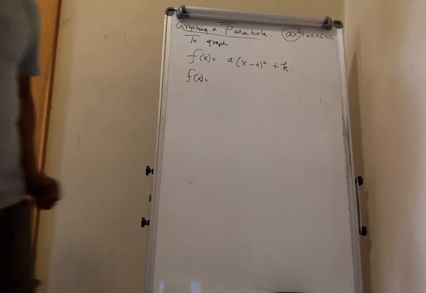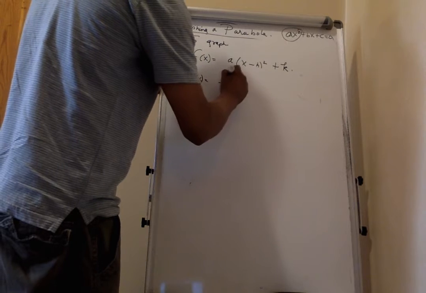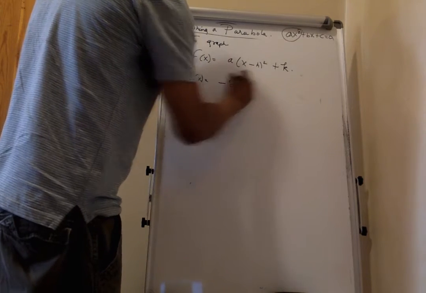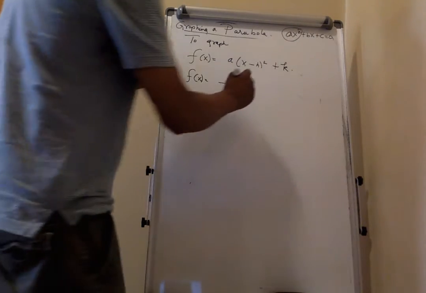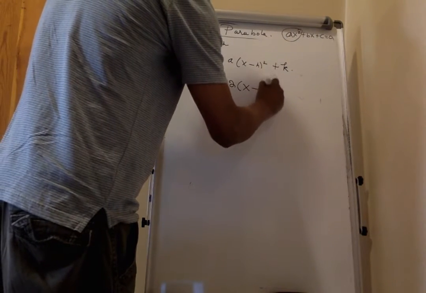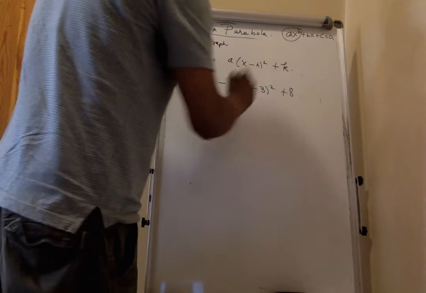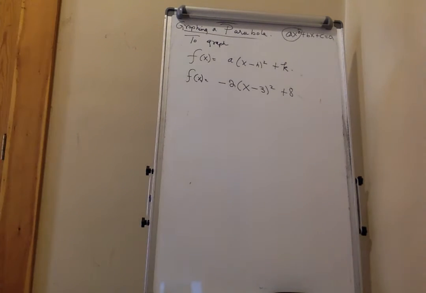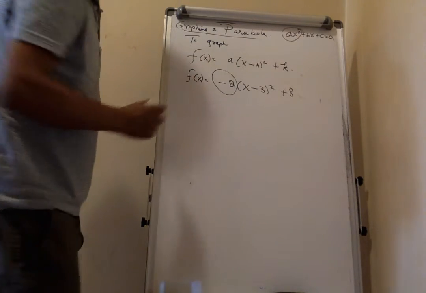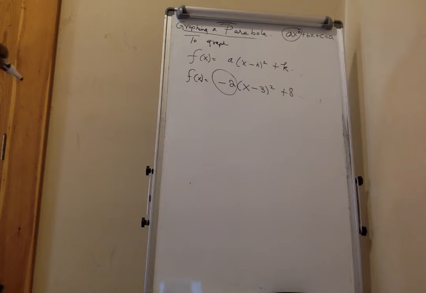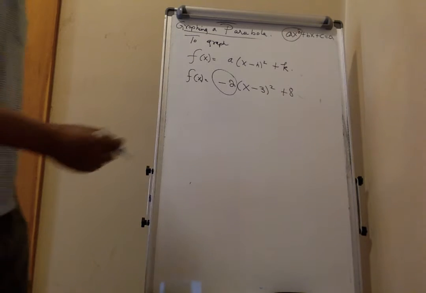So let's say f of x is equal to negative 2 times x minus 3 squared plus 8. Okay. Now, if you look at this, what does this tell me? It tells me a lot of stories about the parabola that we are drawing.